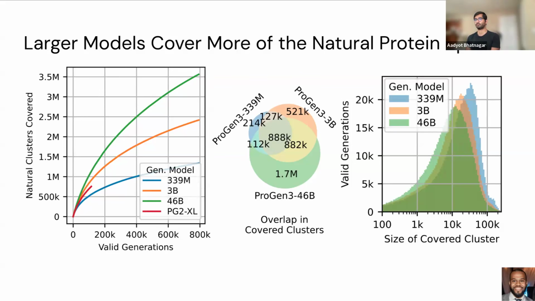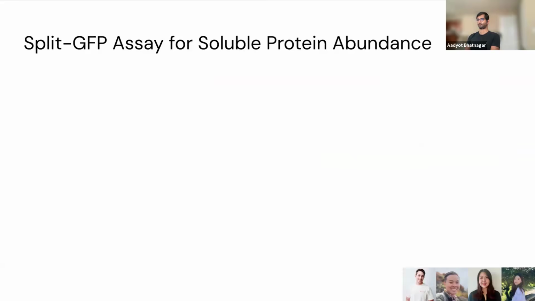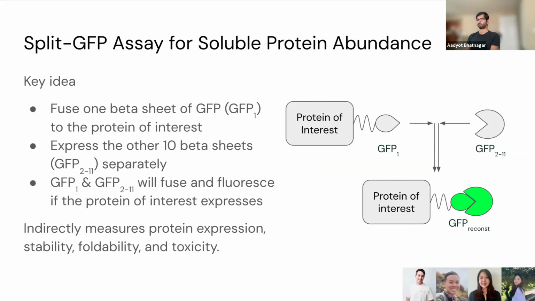Okay. Another question: could you explain more about the experimentation? How do you express 1,000 proteins? Is it conventional E. coli expression or cell-free protein expression? Yeah, so I'll do my best. I didn't do the experiment myself, but this was a big arrayed screen. Each well had one protein.